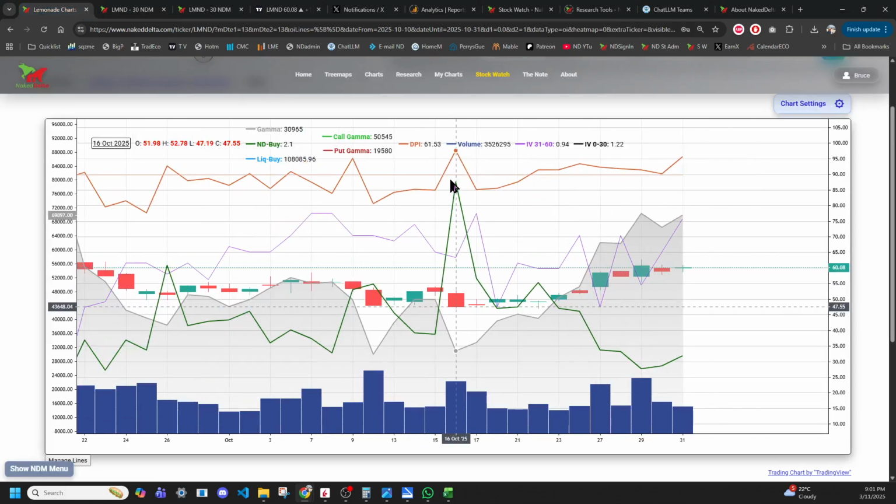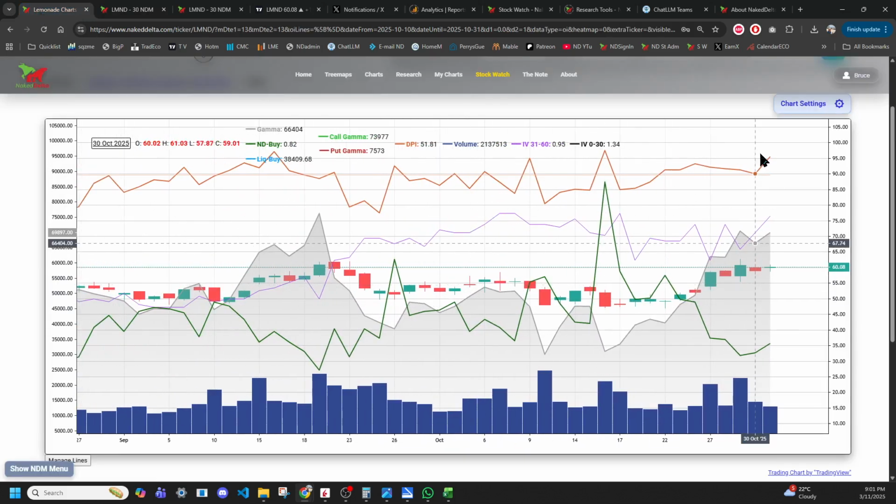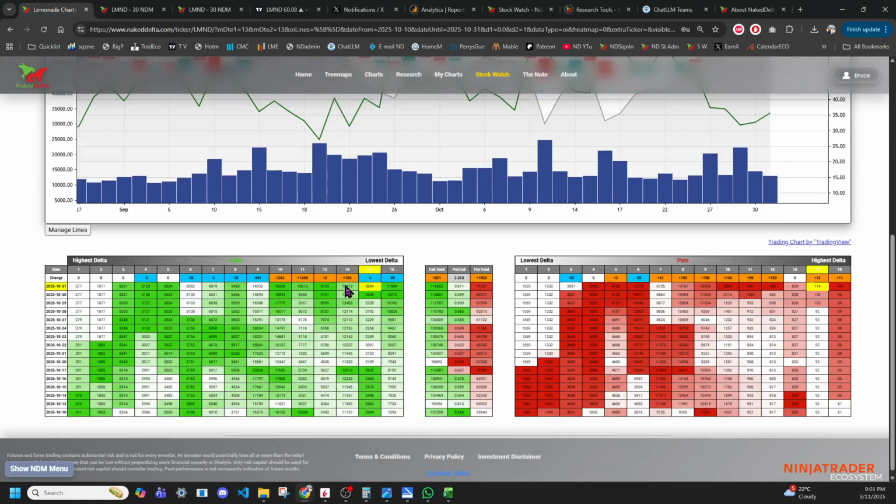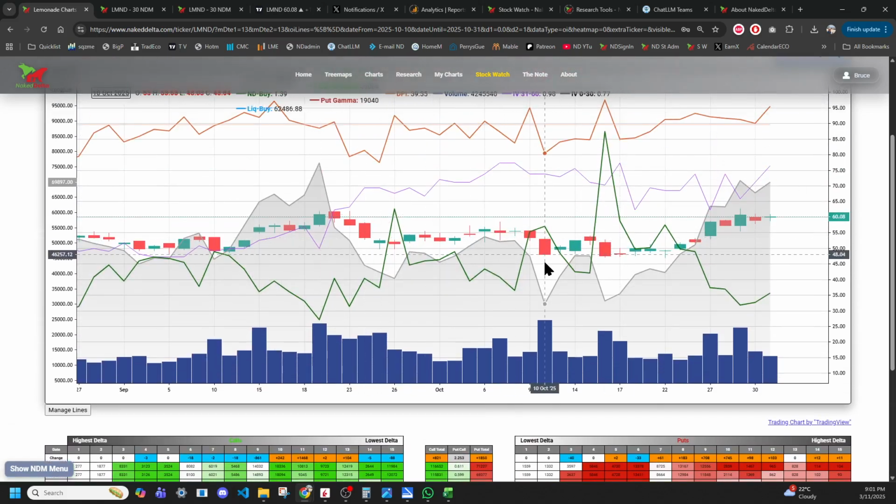The next thing that we know is that people go into long positions from the bottom of positioning, and they take out long DTE hedges when they're expecting a longer pullback.